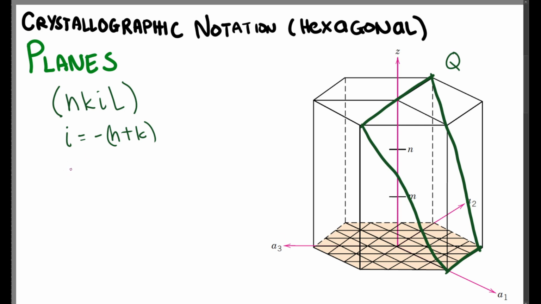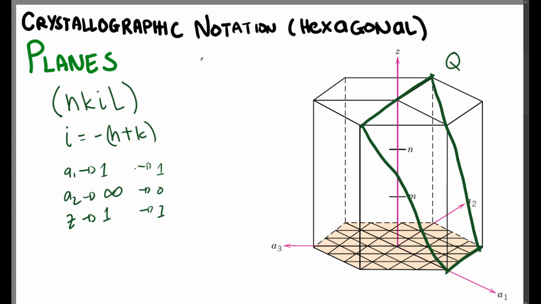The intercept with respect to A1 is, let's say, 1. For A2, this plane is parallel to A2, so it'll be infinite. And for the Z axis, the intercept is also 1. Getting the reciprocals, we get 1, 0, 1.